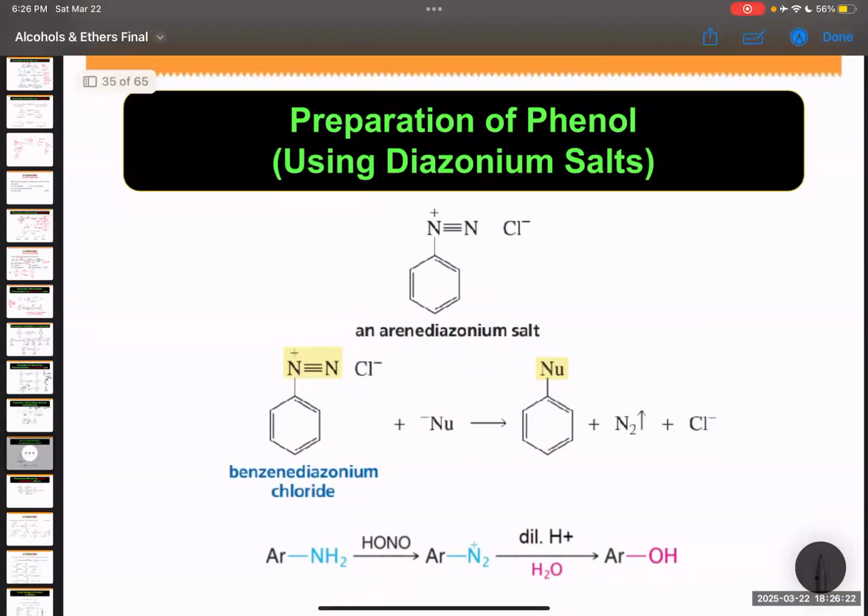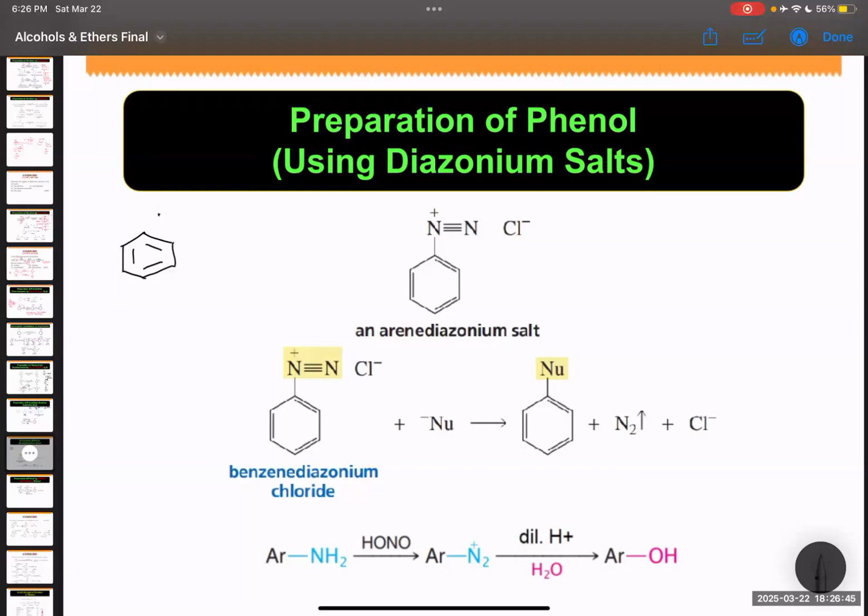The other method is via diazonium. With diazonium we take advantage of the good leaving character of N2. So first you need to make diazonium. How can you make the diazonium? If somebody asks you to start from benzene, then it is also very easy.